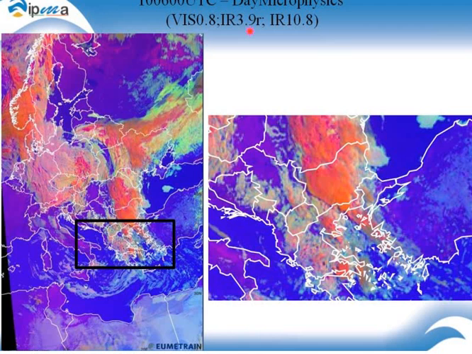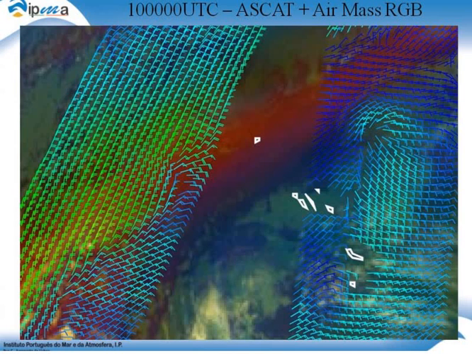So moving to another subject, we have some information from ASCAT data over the Atlantic. This is the Azores Islands. I wanted to show you this very well: a region of discontinuity in the wind field in this area, not only in direction but also intensity, so wind speed is very different.